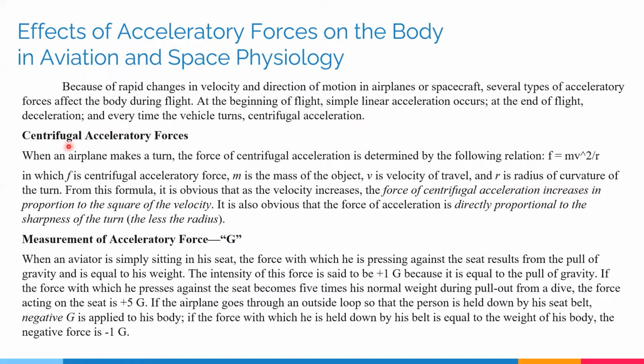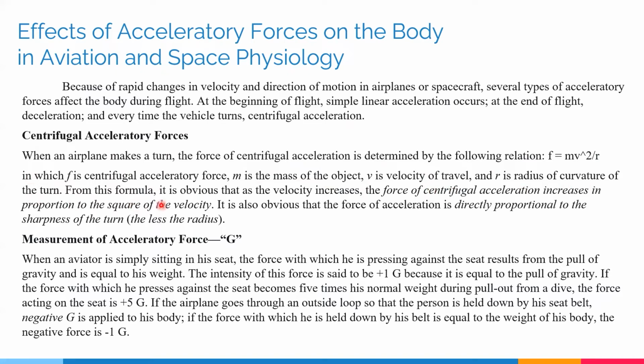So first let us look into centrifugal acceleratory forces. When an airplane makes a turn, the force of centrifugal acceleration is determined by the following relation: F equals mv squared by r, in which F is the centrifugal acceleratory force, m is the mass of the object, v is the velocity of travel, and r is the radius of curvature of the turn.